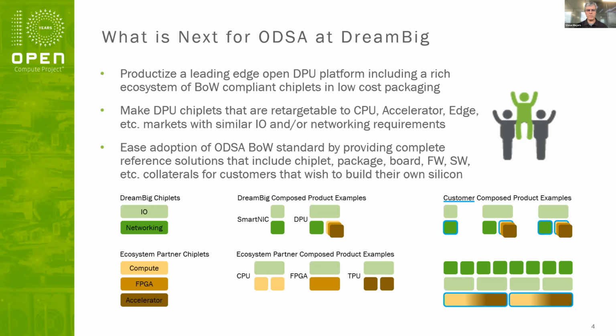And then we have extreme cases like in the far bottom right corner, where customers are composing extremely complex systems that have large instantiations of a variety of these chiplets. All of the examples that I'm showing are real world and in progress.